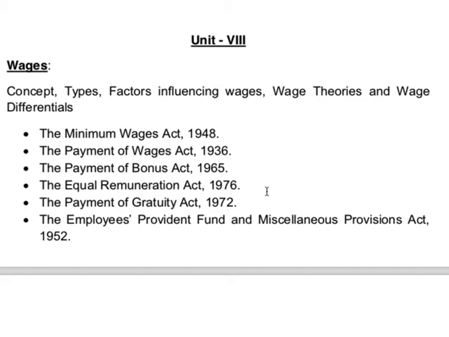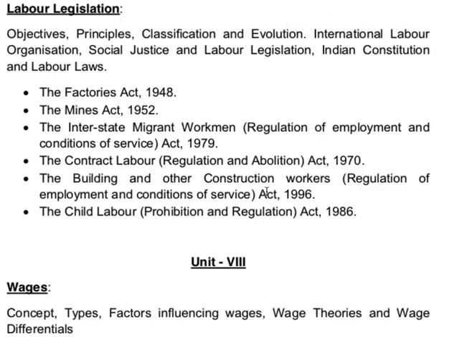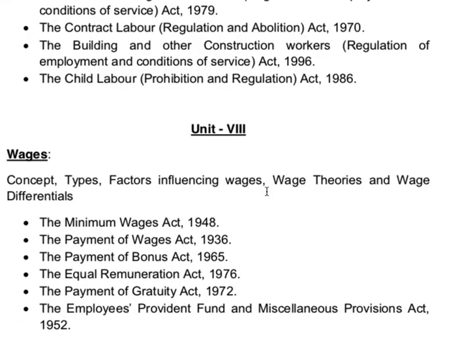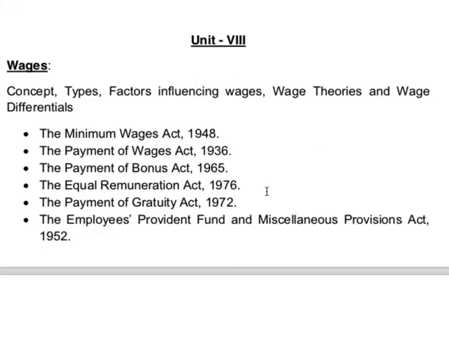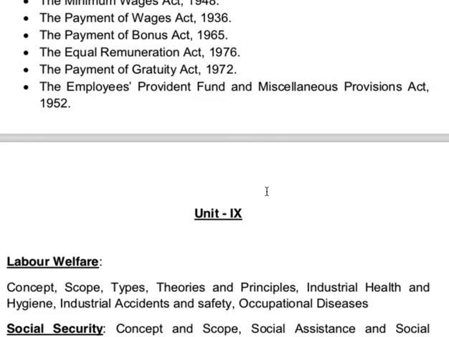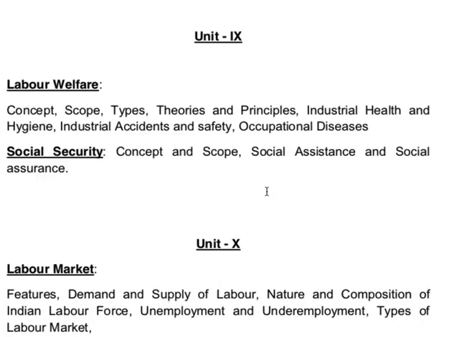So the previous unit deals with the working conditions and regulation, and this unit deals with the wages and remuneration of the workers. And unit 9 deals with labor welfare. Apart from providing them suitable working conditions, apart from giving them minimum wage and good wage, it is very important to think about their welfare, right?